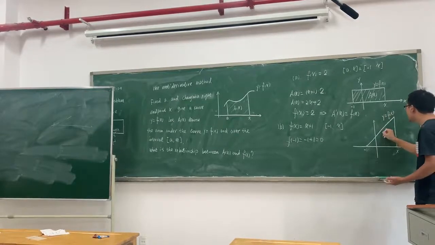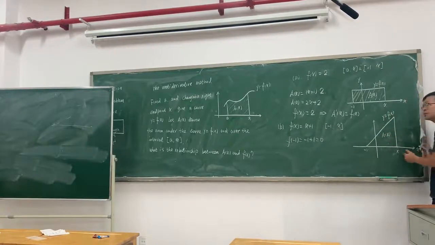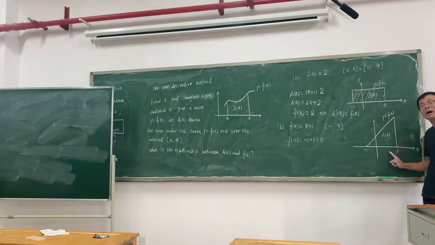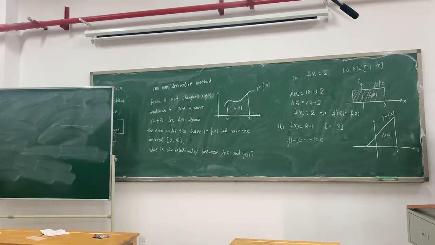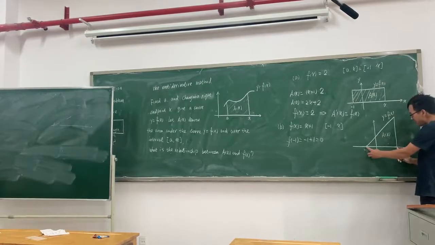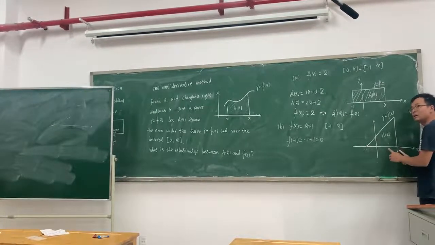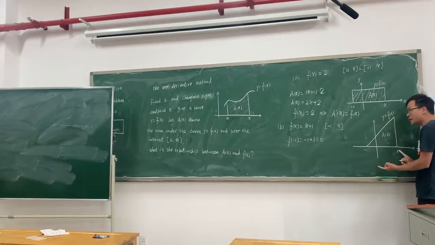The area actually is this part. Of course, it's a triangle. The base goes from minus 1 to x, so the base is x plus 1.